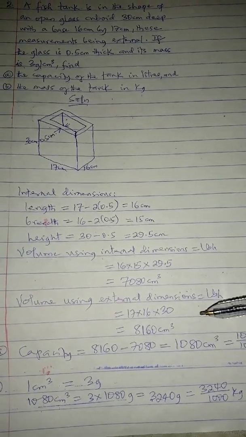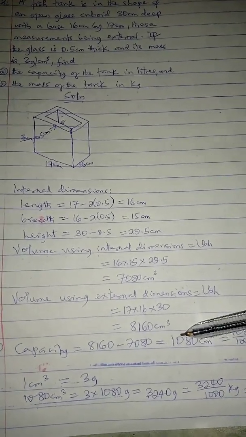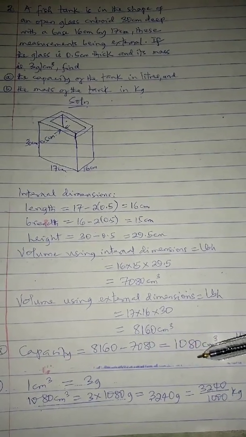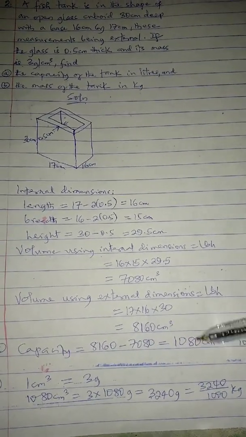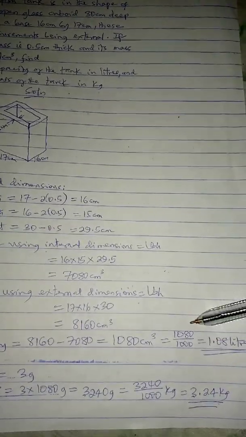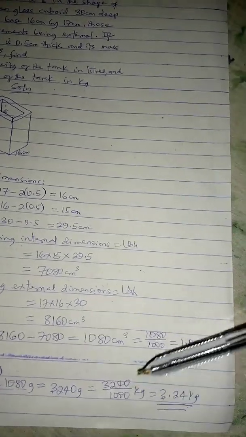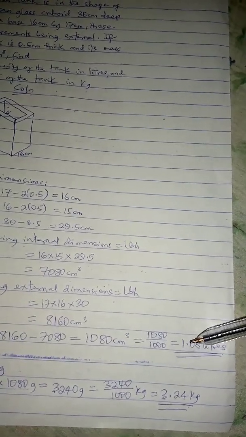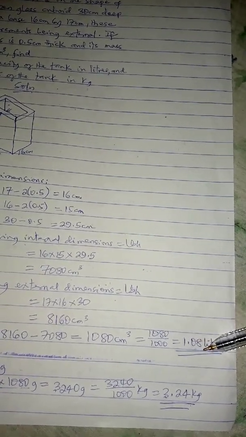But you have to get it in liters. Since 1,000 cm cube is 1 liter, you divide this by 1,000, and the capacity of the tank in liters will be 1.08 liters.